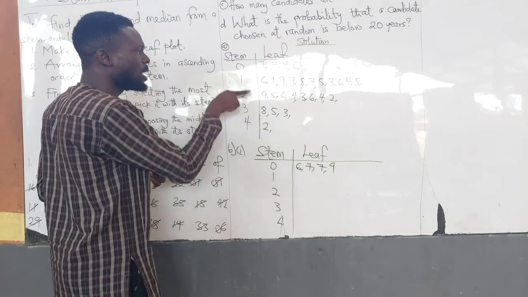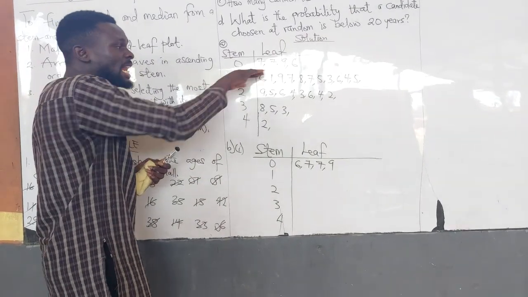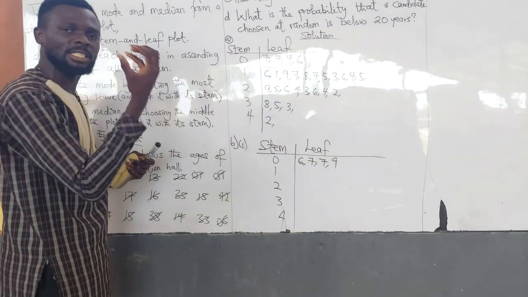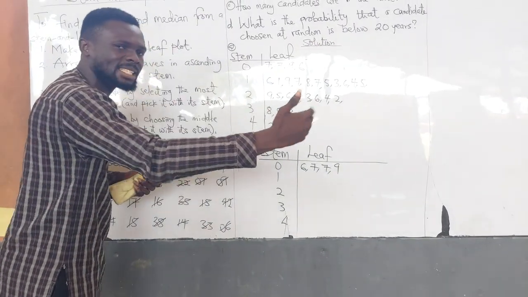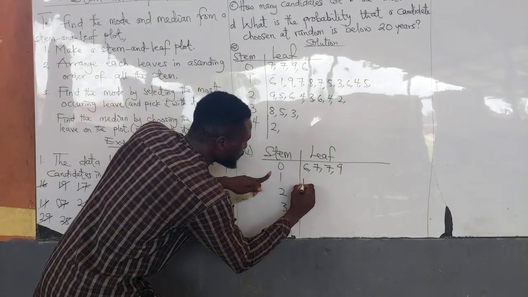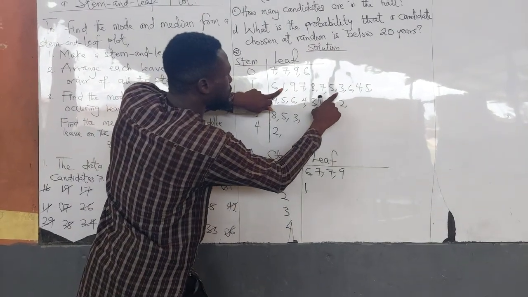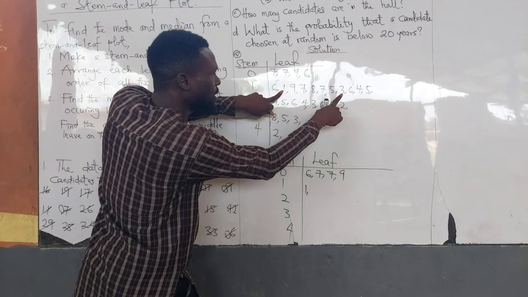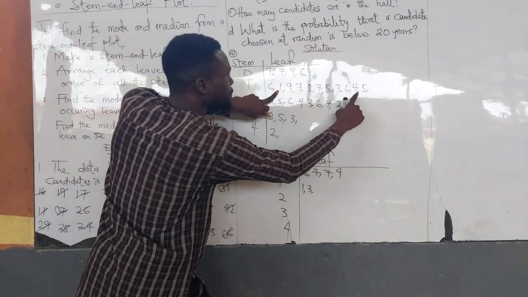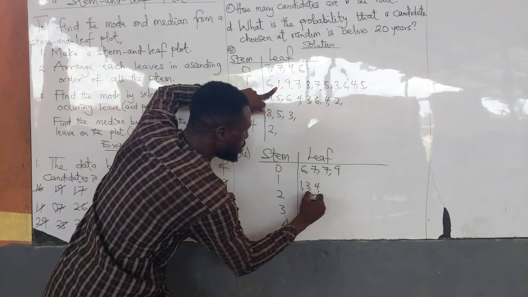Then we do the same for the leaves of stem 1. So look through the numbers, fish out the least, and arrange in ascending order. I have the least there as 1. After 1, we have 3, so we write 3. After 3, we have 4, so we write 4.